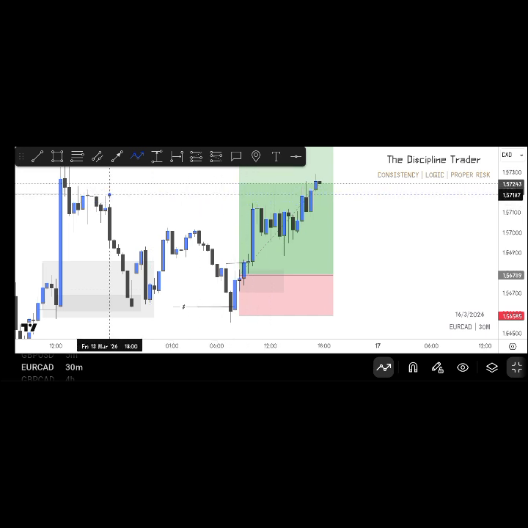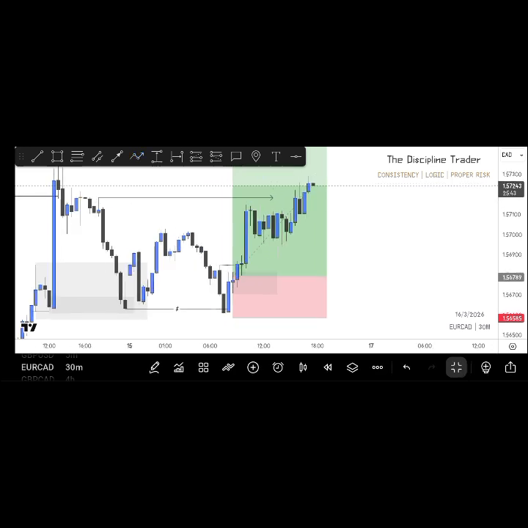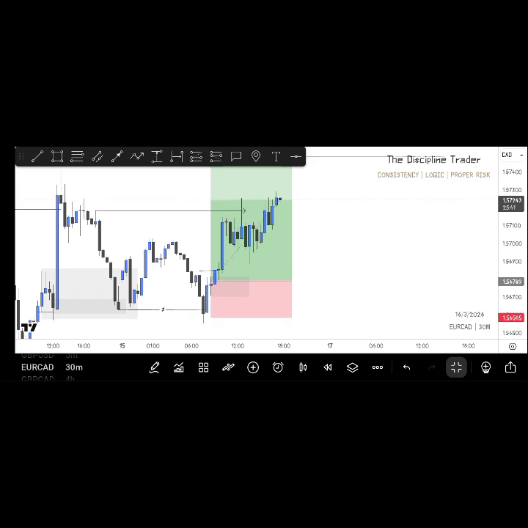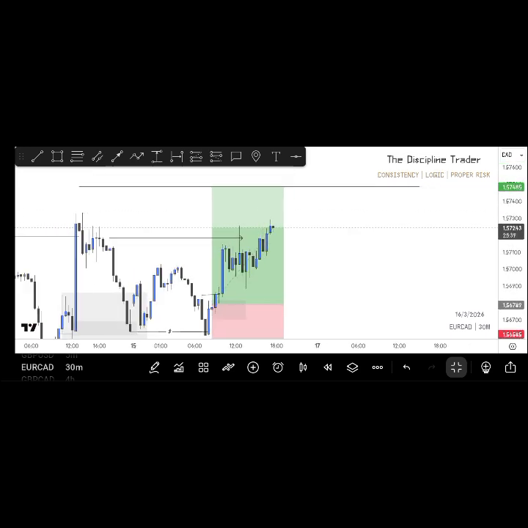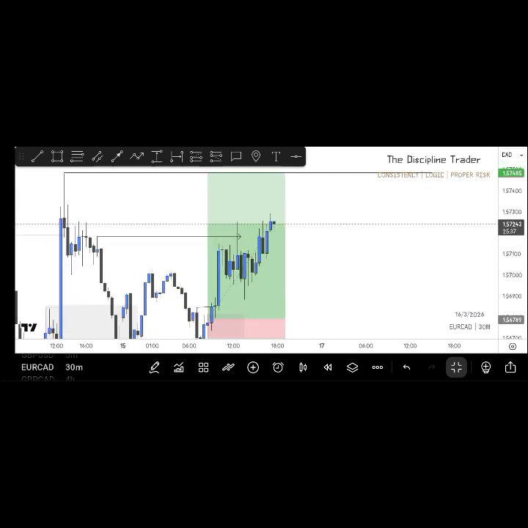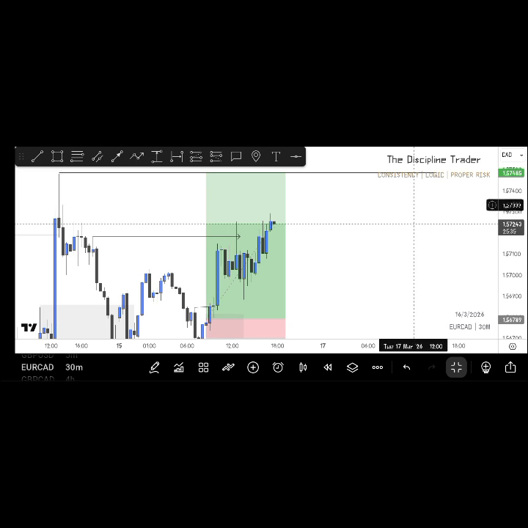So price went up, and this was actually liquidity. Price took liquidity from this zone, I would say a buy liquidity. To me, I have a strong feeling that price will keep on going up to break this high we have right here.